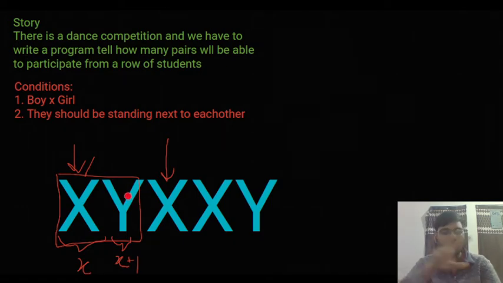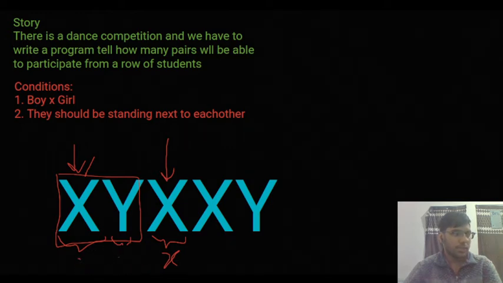And then what we do here is, we check if these two are distinct. So this is our new x, and this is our x plus 1. And as we can see, these two are not distinct.